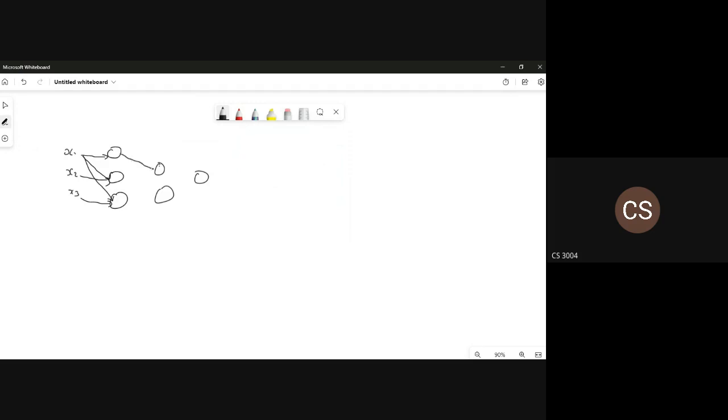Then this output is connected with this one. Finally, all these things are connected, and we have the final output. By the way, is that readable? I mean, whatever I write on the board.